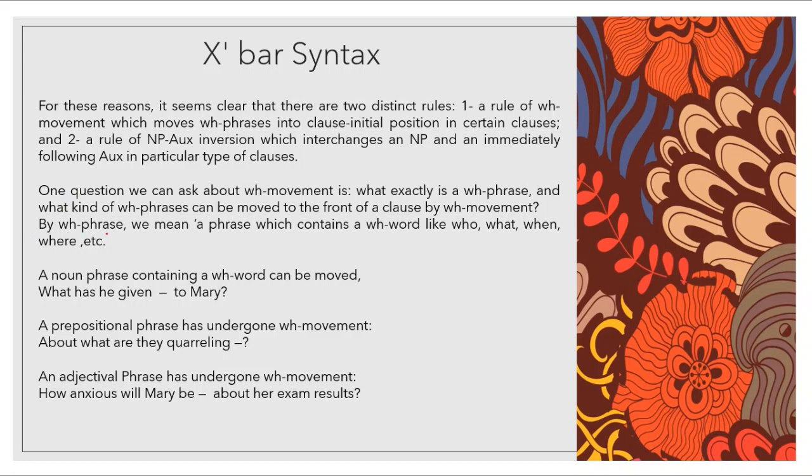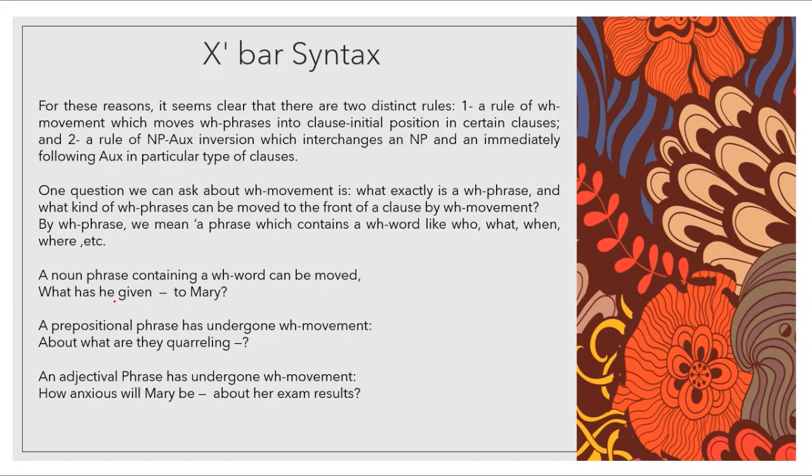By WH phrase we mean a phrase which contains a WH word, like who, what, when, where, etc. Here we have types of phrases, for example a noun phrase containing a WH word can be moved.